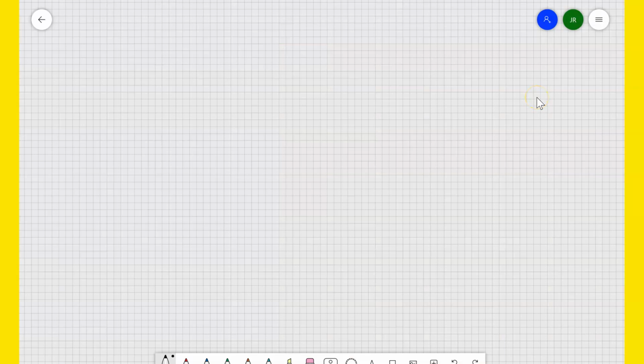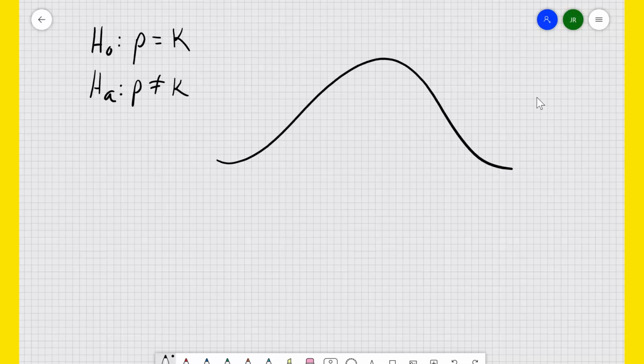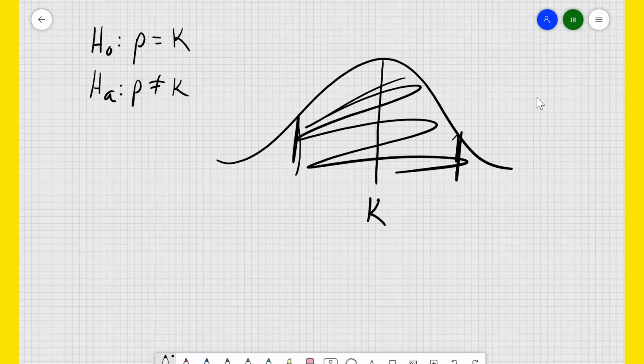So let's say our H0 was P or mu or something being equal to some value, and so our HA is P is not equal to that value. So we're saying here's the value K. And since it's an equality, I'm saying it's okay to be anywhere in here, but it's not okay to be anywhere out here.